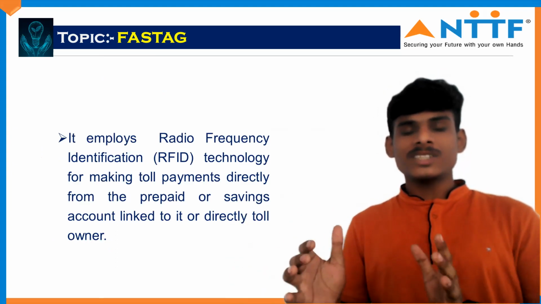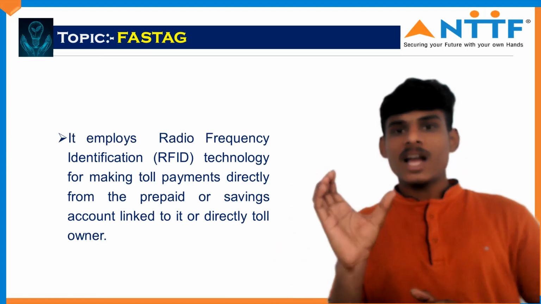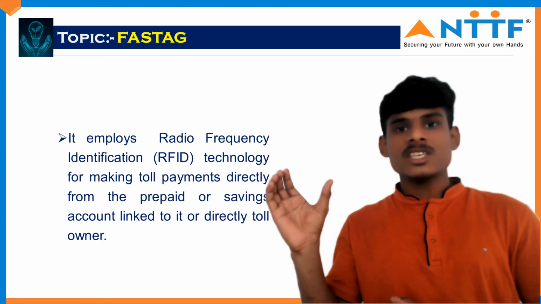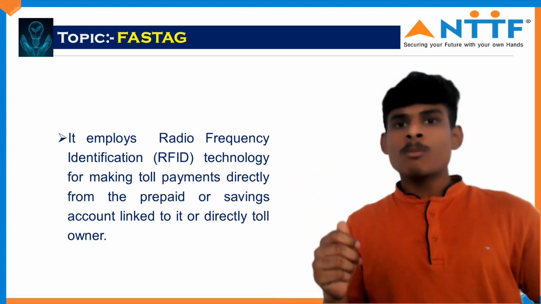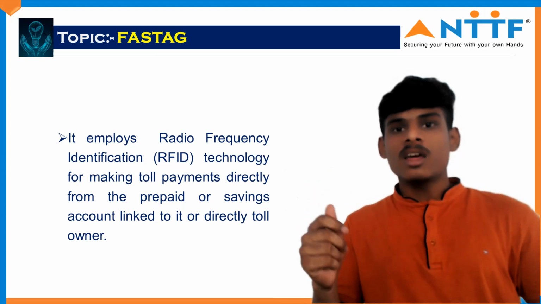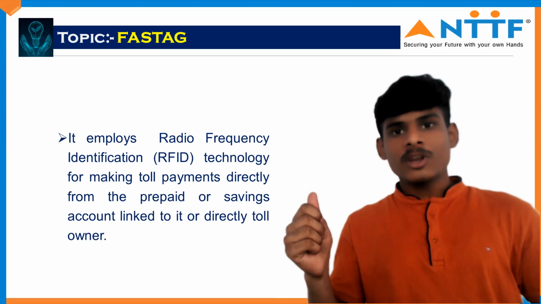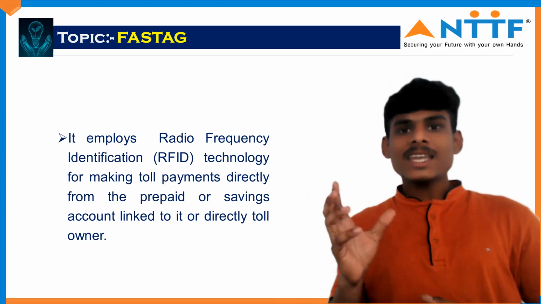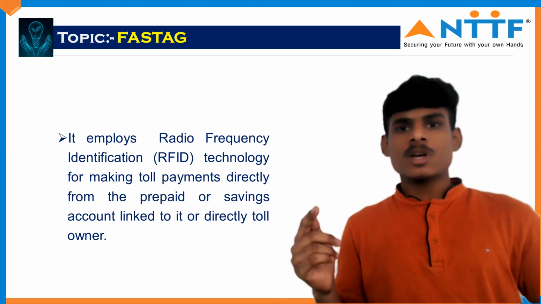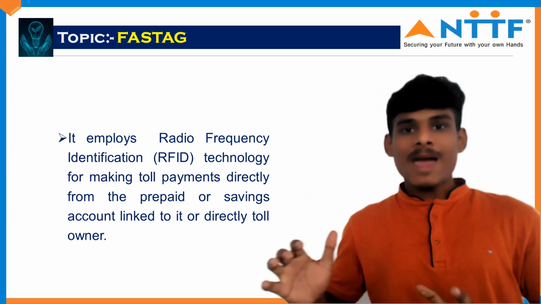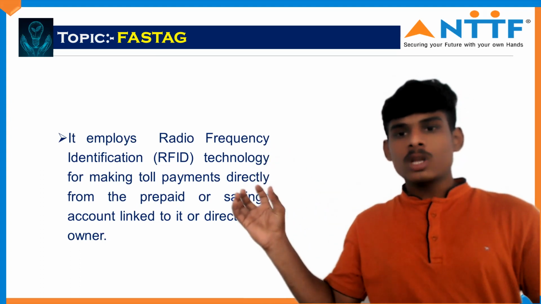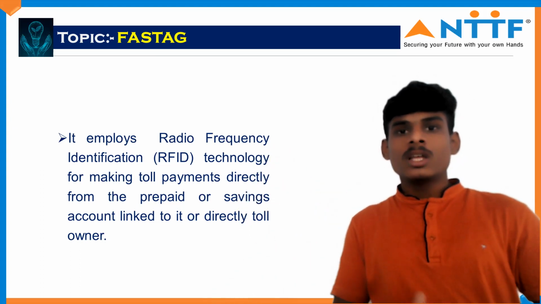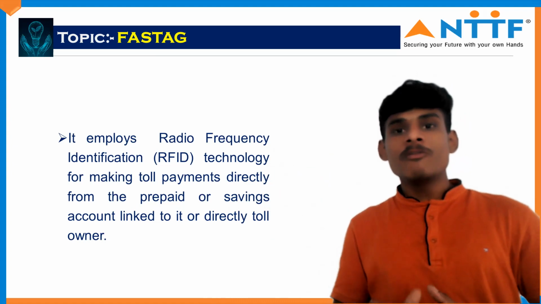This FASTag technology consists of one RFID card, which is radio frequency identification. We are all provided with one RFID card. In that RFID card, it consists of some copper wires. It is a batteryless sensor. When you are going to pass the toll, on the top of the toll one beam will be there.